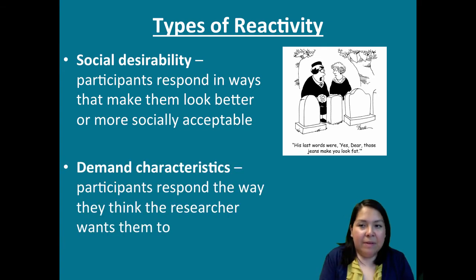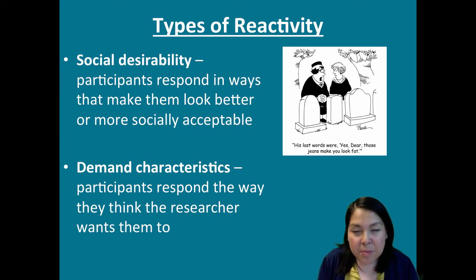Here we have a second type of reactivity called demand characteristics. This is where participants respond the way they think the researcher wants them to.